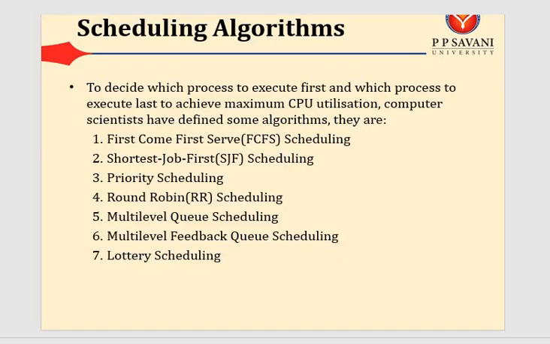Second one, that is shortest job first, known as SJF scheduling algorithm. Third one, that is priority scheduling. Fourth one, that is round robin scheduling algorithm. Fifth one, that is multi-level queue scheduling algorithm. Sixth, that is multi-level feedback queue scheduling algorithm. And seventh one, that is lottery scheduling. So these all are the algorithms that decide which algorithm is best based on the number of scheduling criteria.